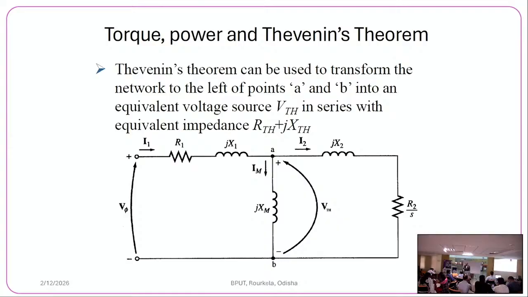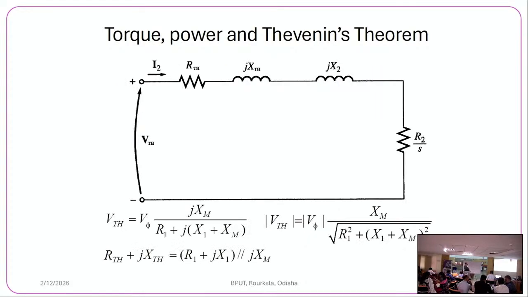So both are combined, and for Thevenin's equivalent circuit we consider R2 dash by S as the load resistance, and the remaining part we convert to Thevenin's equivalent circuit, just like you apply Thevenin's theorem. Then you get V Thevenin and so on. You keep R2 dash by S as the load resistance and the remaining part you reduce.